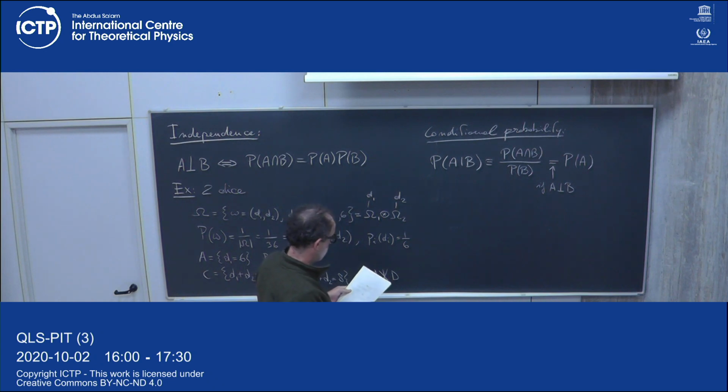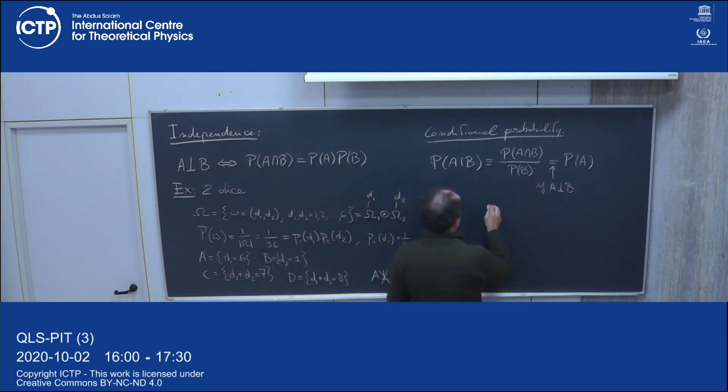Okay, so the other information that you get from this is that if we are in classical probability, then this will be the number of favorable events for AB, and this will be the number of favorable events for B only.